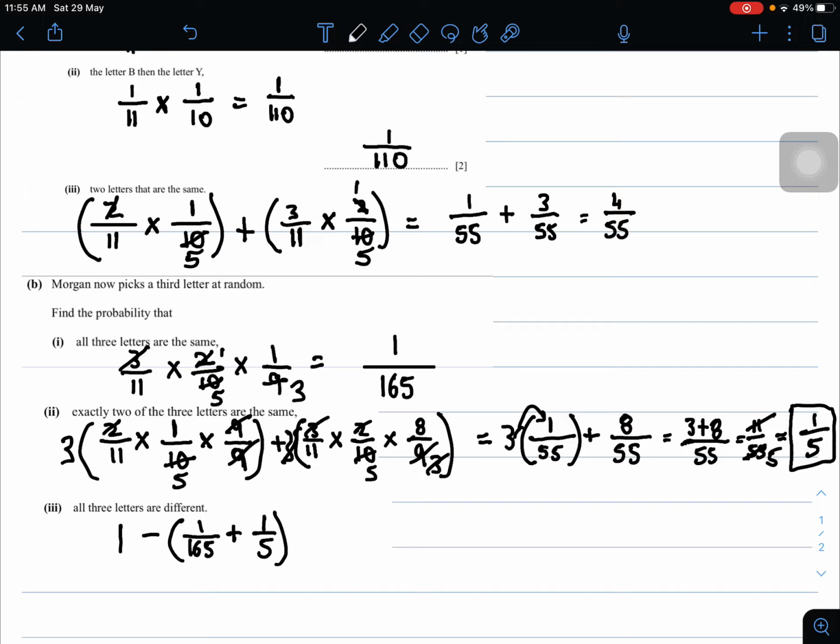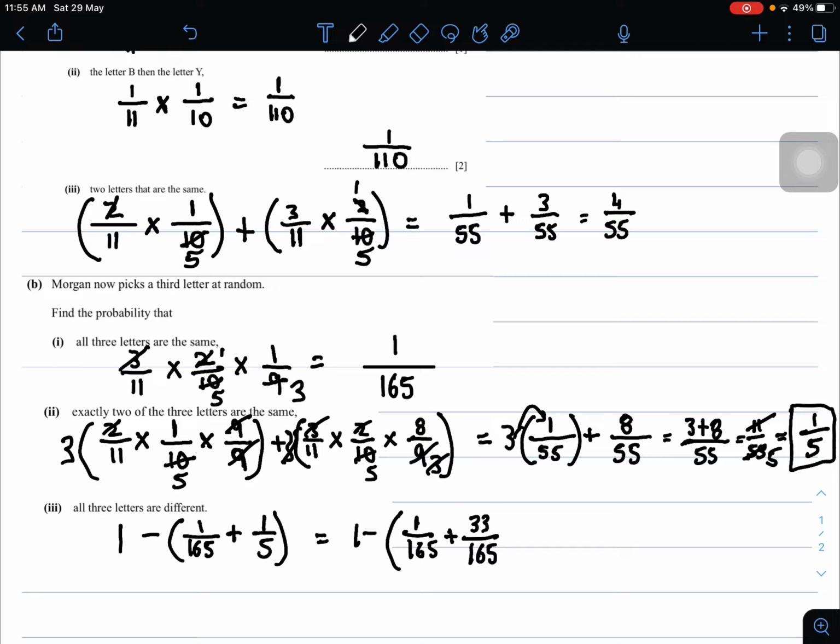So let's solve this. So 1 minus, if you see, 165 divided by 5 will give you 33. So you can rewrite the second fraction, so 1 by 165 plus, as 33 by 165.